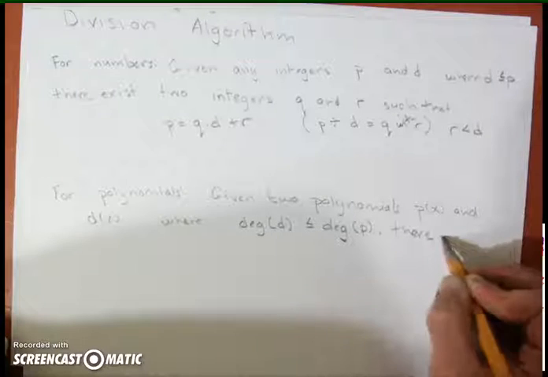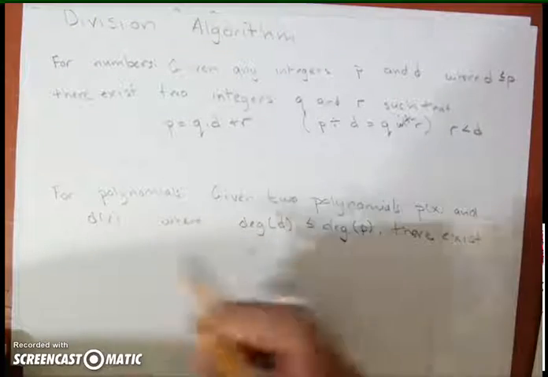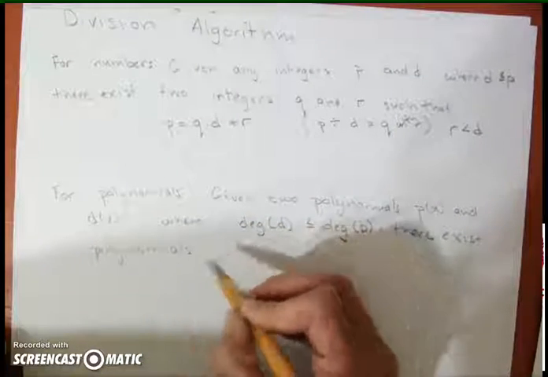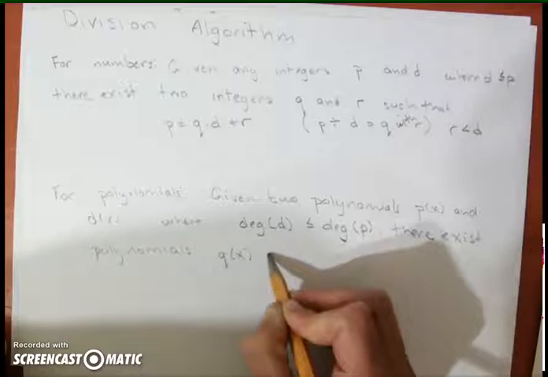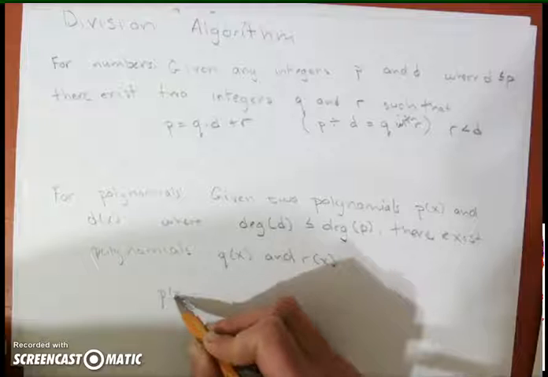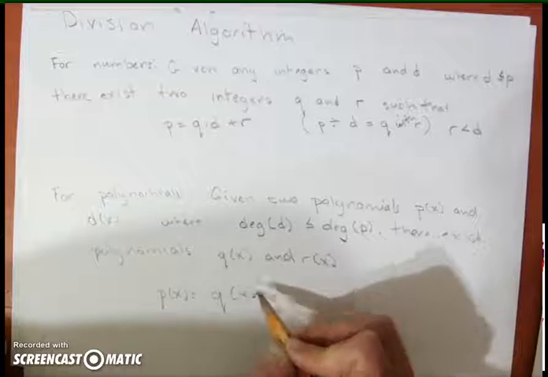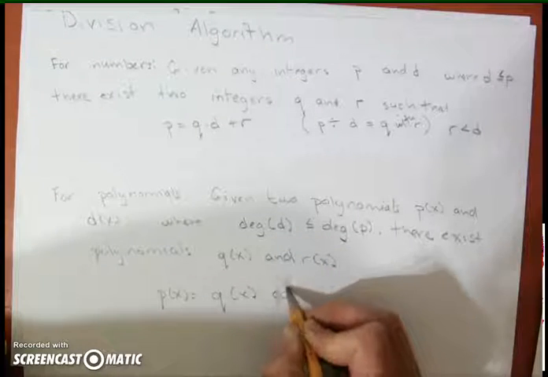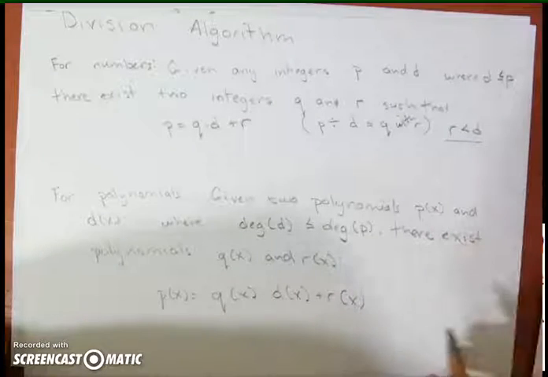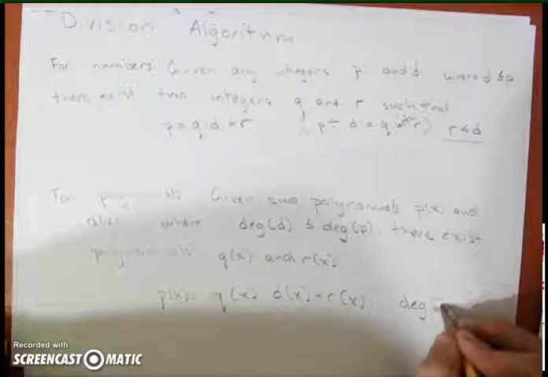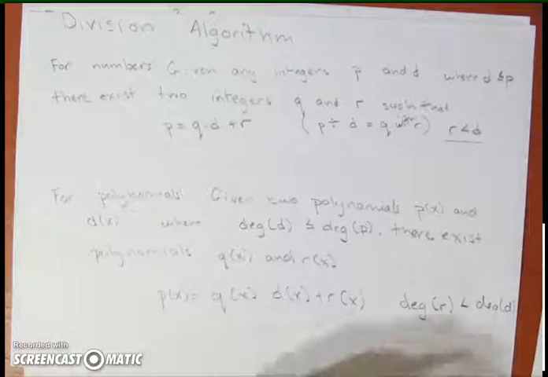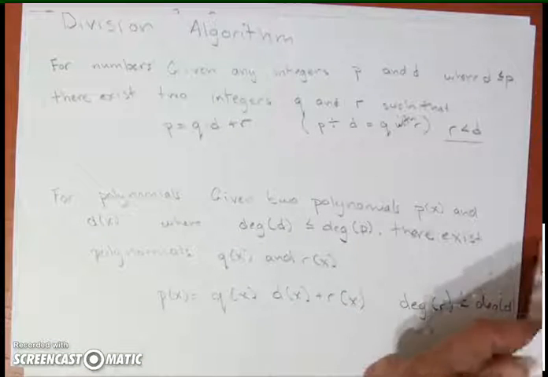Then there exist polynomials q of x and r of x such that p of x equals q of x times d of x plus r of x. And again, instead of r actually being smaller, all we need is that the degree of r is smaller than degree of d. And that's like the polynomial example that we just computed.